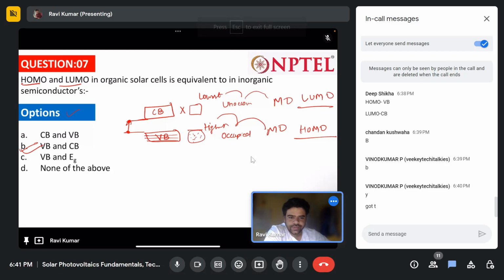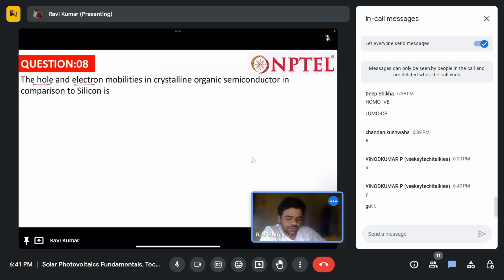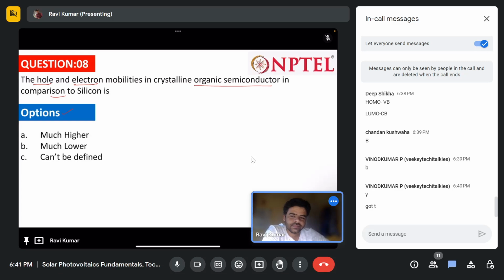Let's move to the next question. B is the answer here. It says, the hole and electron mobilities in crystalline organic semiconductors as compared to silicon is. And these are the options. I told you while I was discussing the diffusion length, diffusion length and mobility are interconnected.